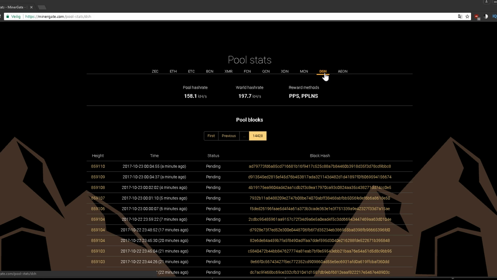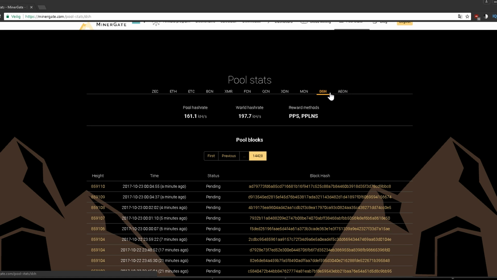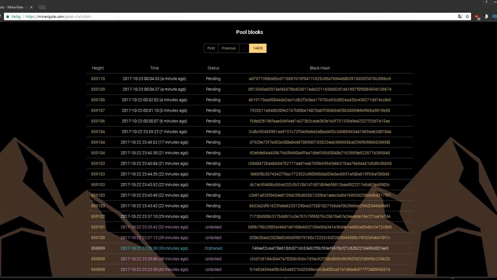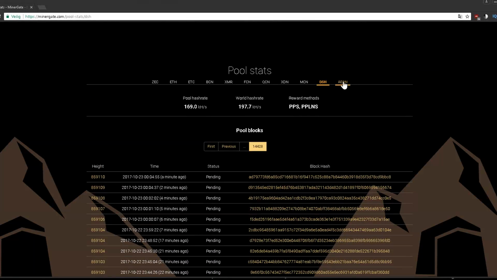Dash is worth about $200, and this coin is a whole different coin. So for the new people that are thinking, hey, oh my god, this is Dash, $200, I'm mining right now, I got 40 Dash. You actually see people in the chat that thought that this was Dash, and they were really happy that they got a lot, and then only to find out that they mined a couple cents.